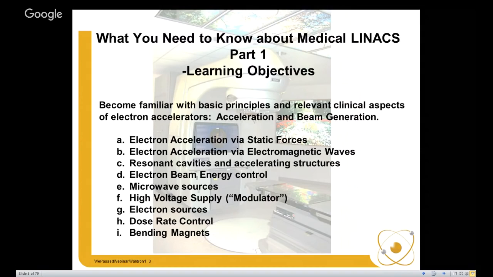We'll talk a couple of times about beam energy control, microwave sources, high voltage supply for the microwave sources, electron sources, dose rate control, and finally bending magnets. Everything after the bending magnet we hope to cover in a subsequent Part 2 webinar.